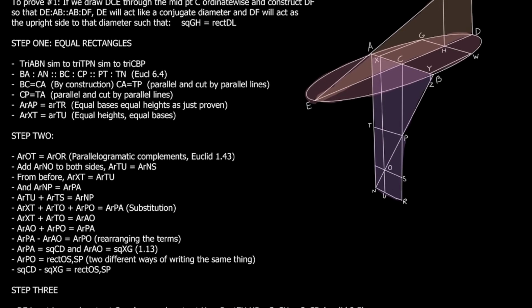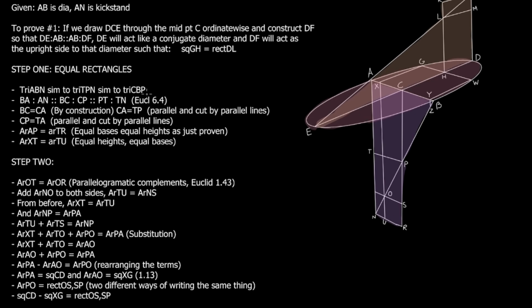Okay, so let's start. Triangle ABN is similar to triangle TPN, which is similar to triangle CPB.